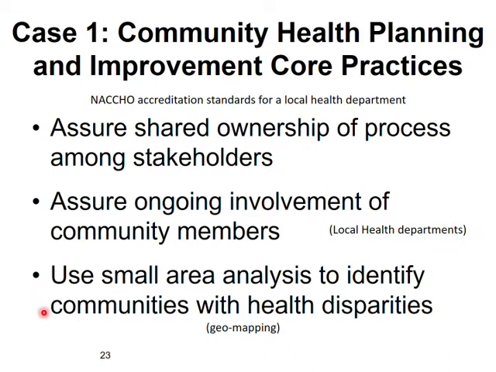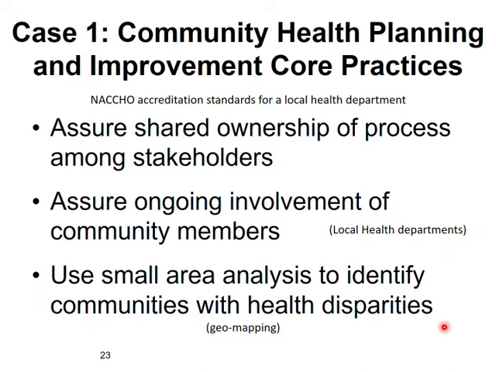Then there is the concept of using small area analysis to identify communities with health disparities. For this example, what they did was they used geomapping. We talked about this in class previously, a concept called GIS, Geographic Information Systems, where you can map on a certain map all the resources, all the needs, maybe certain types of diseases that are going on, certain epidemics, endemics.